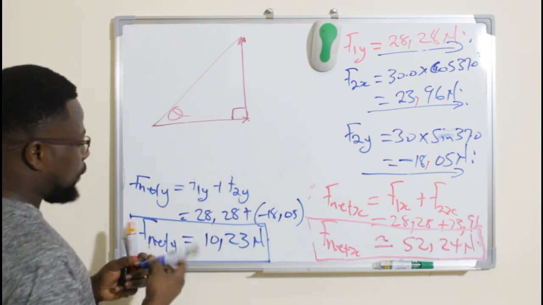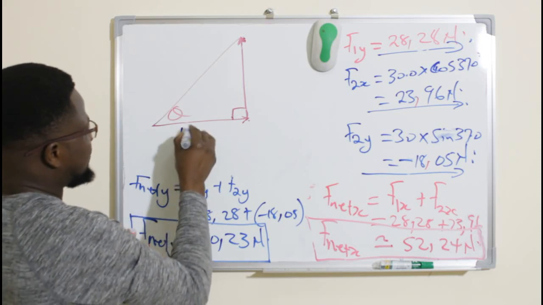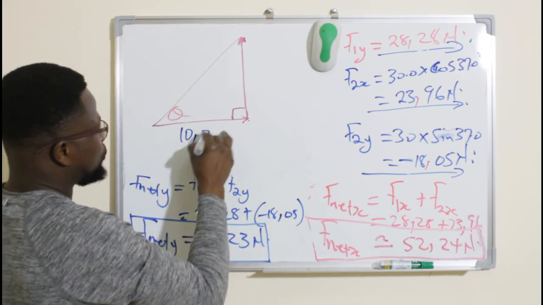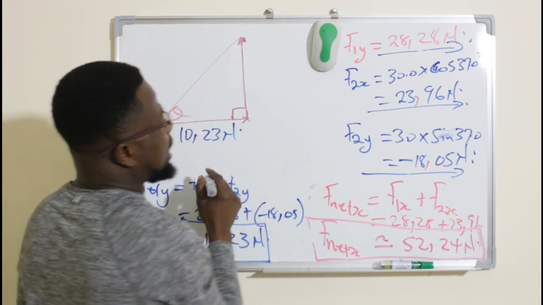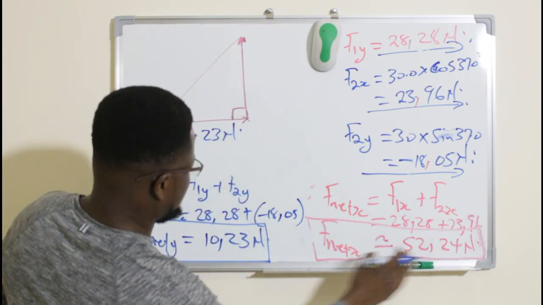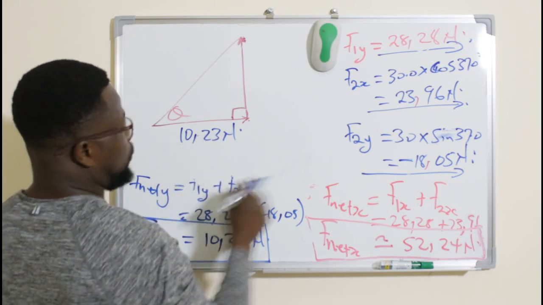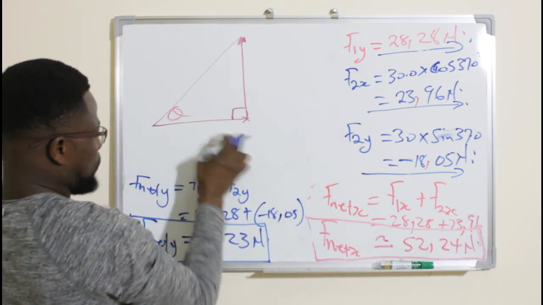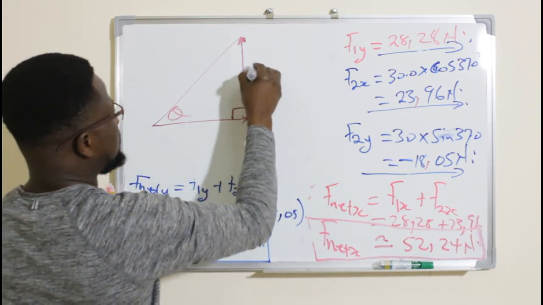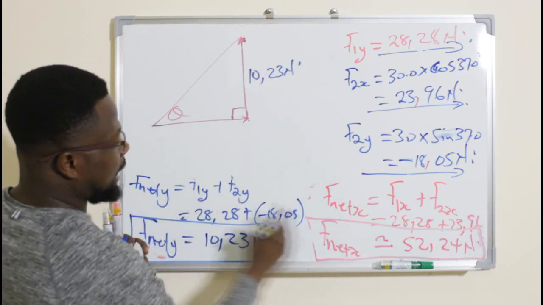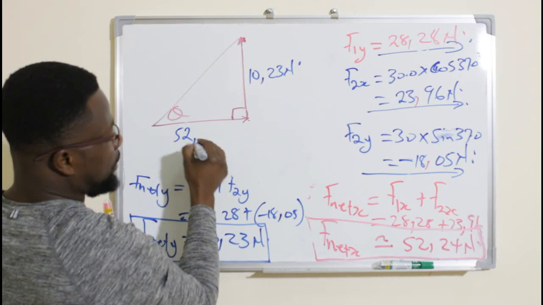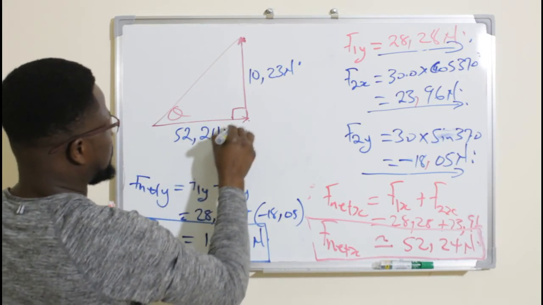The magnitude of the y component is 10.23 newtons, and that of the x is 52.24 newtons.